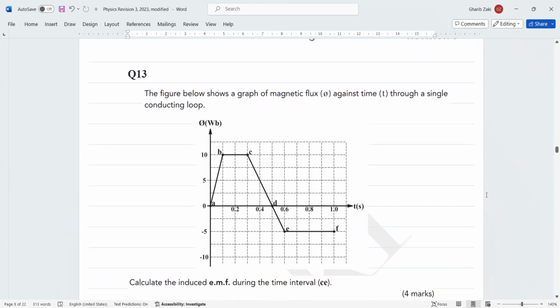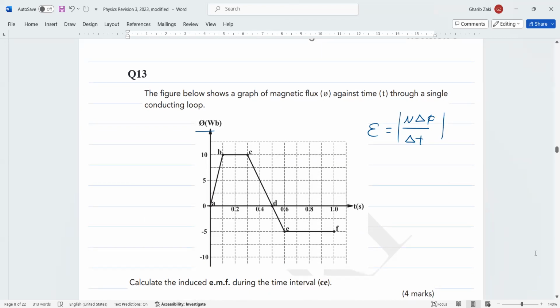He said calculate the induced EMF during the time interval CE. So EMF induced, he said. We have here the phi and the time. So what is EMF? It is N delta phi by delta T. This is Faraday's law.